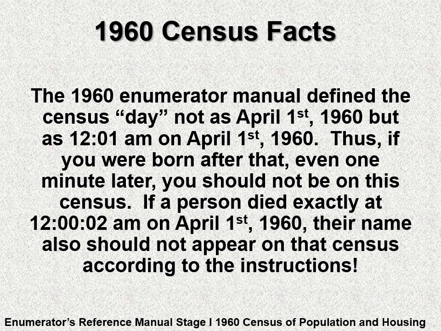So if you do this specifically to the letter of the law, if you were born after that, even 1 minute later, you should not be on the census. If a person died exactly at 12 midnight 02 a.m. on April 1st, 1960, their name also should not appear in that census according to the instructions. Of course, sometimes the enumerators didn't follow instructions.